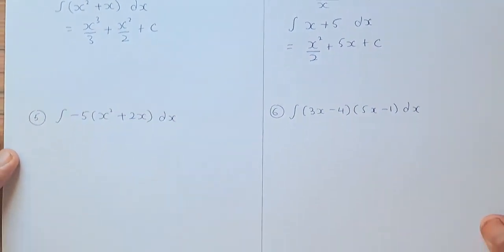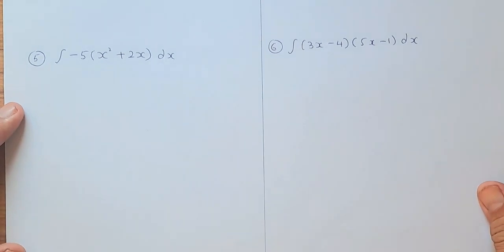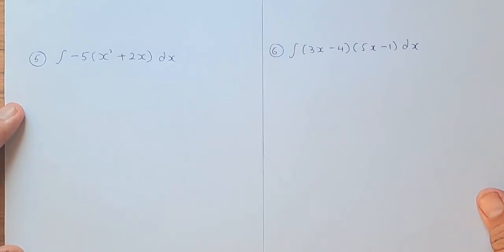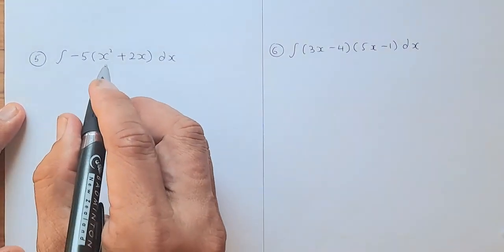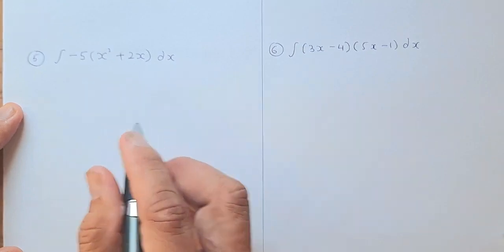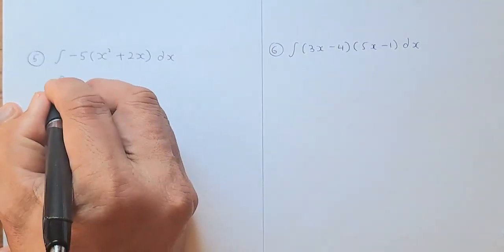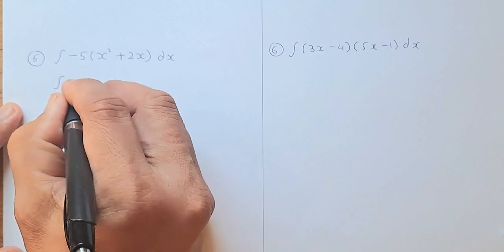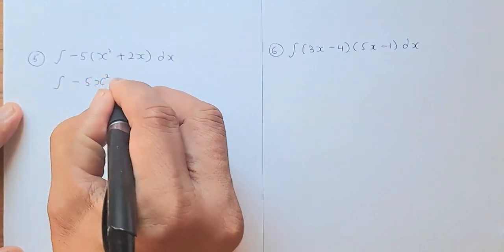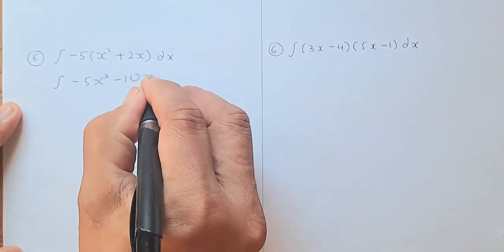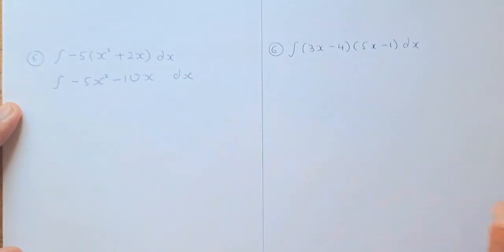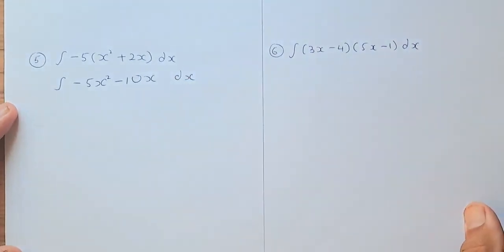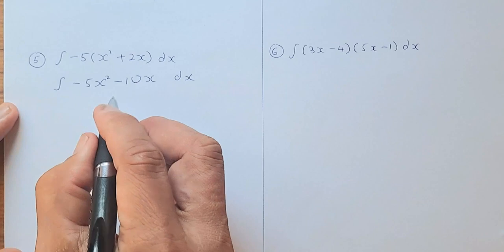Okay, now we proceed to the last two, the hardest of the lot. Okay, so you have minus 5(x squared plus 2x) dx. Again, you need to expand it, so it becomes minus 5x squared minus 10x dx. Okay, now the last step, you're going to integrate.